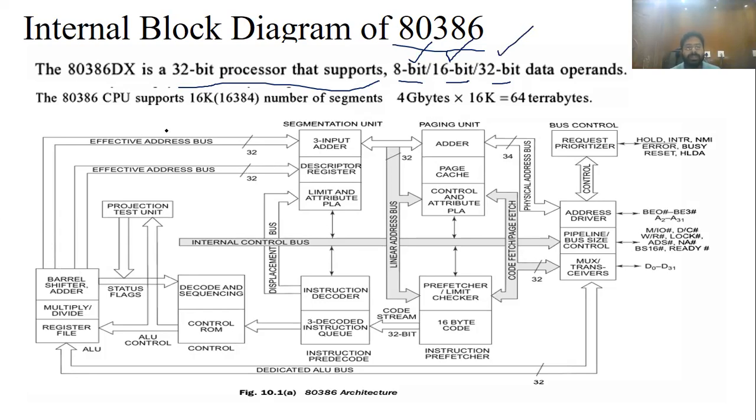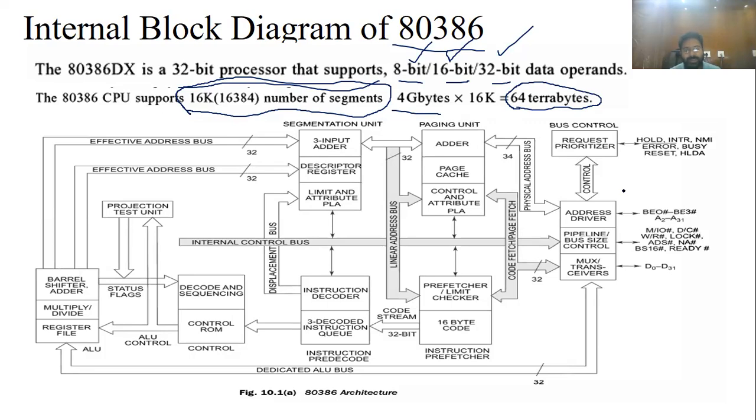So see, this 80386 has a memory size of how much? 4 gigabytes. Each one has 4 gigabytes. It supports 16K segments. Each segment is 4 GB, so that is 64 terabytes of total memory.